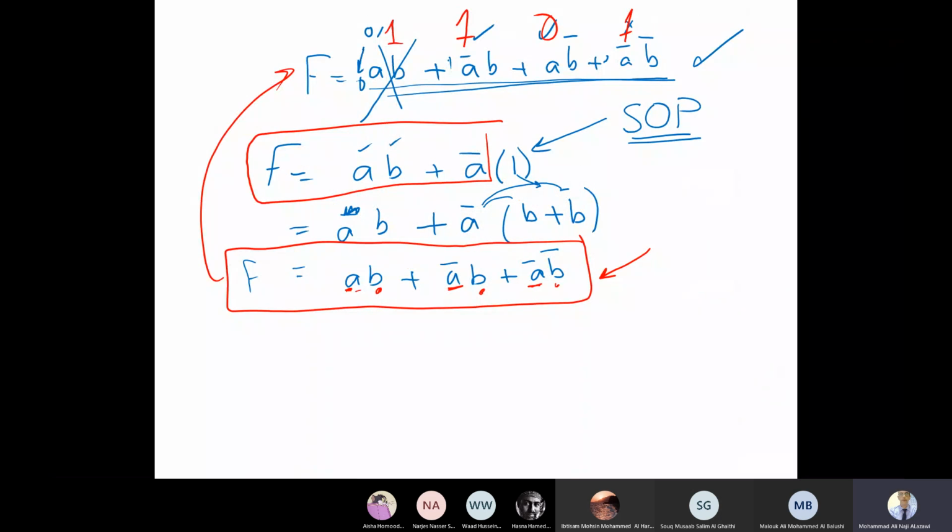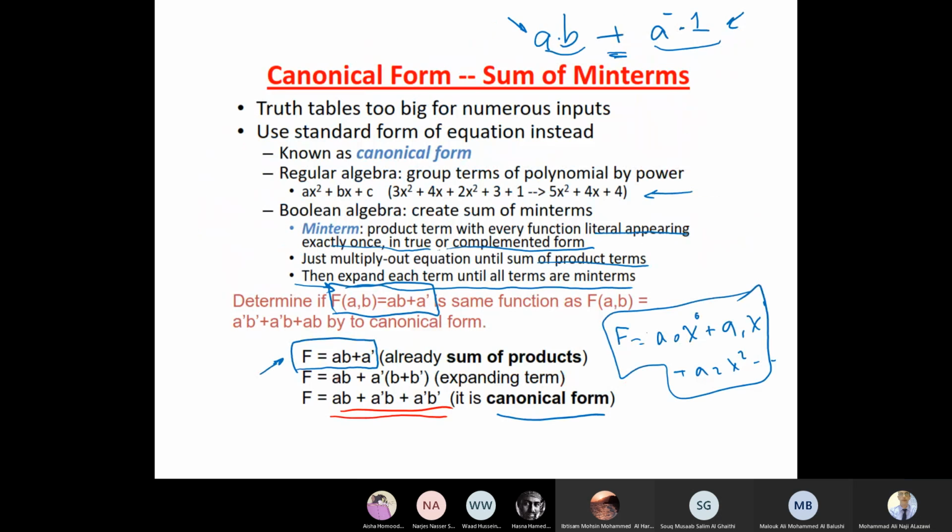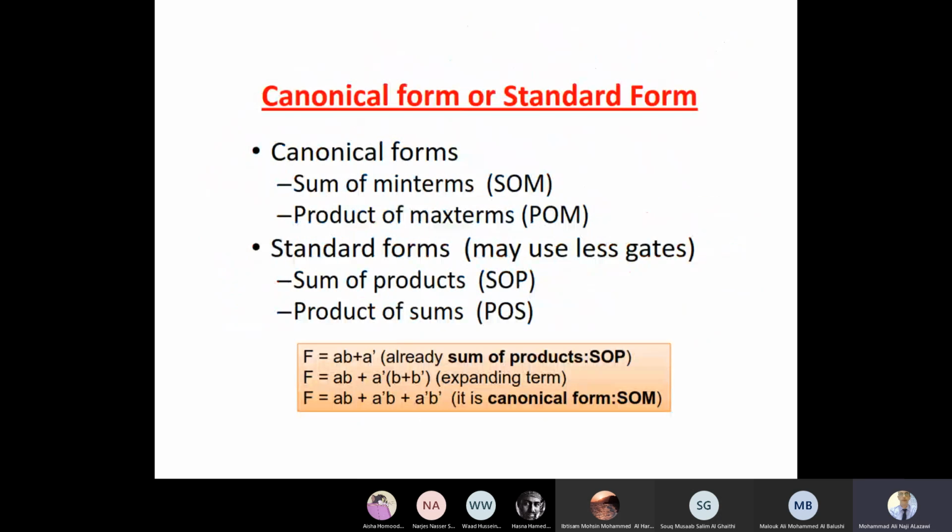So now I have two kinds: I have sum of product and I have the corresponding canonical form. All right. Now canonical form, we have sum of min terms. See, before I was talking about sum of product.